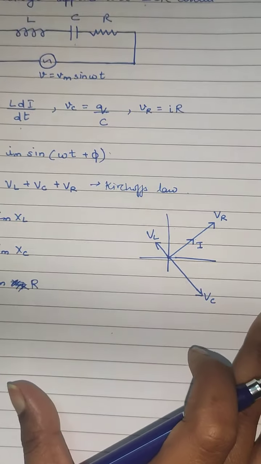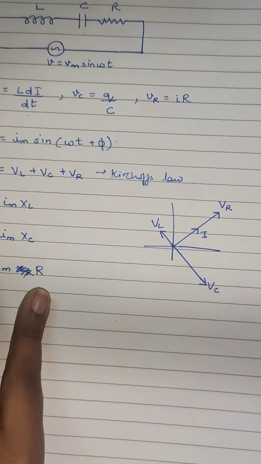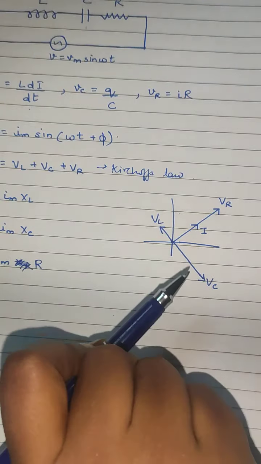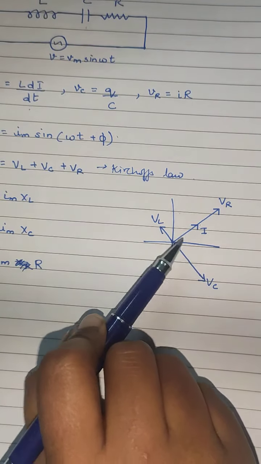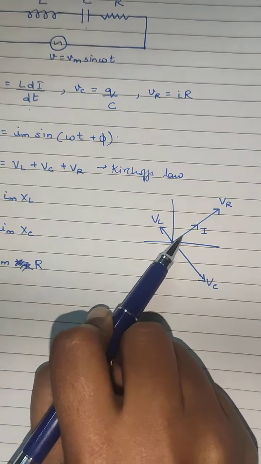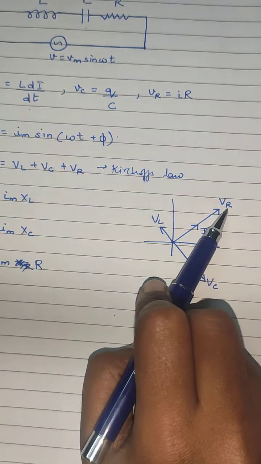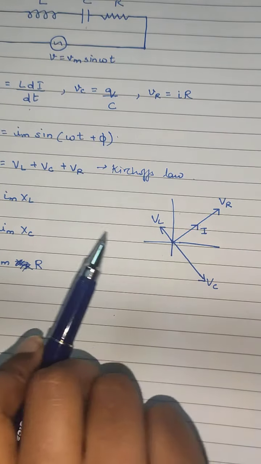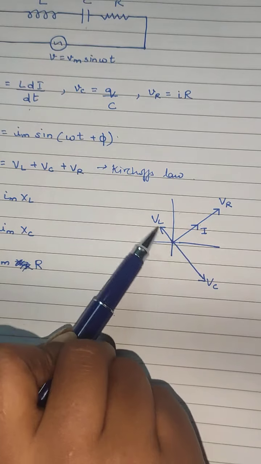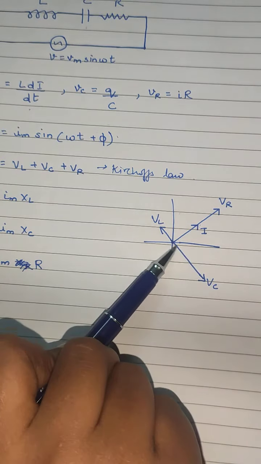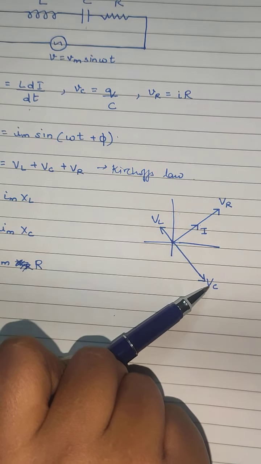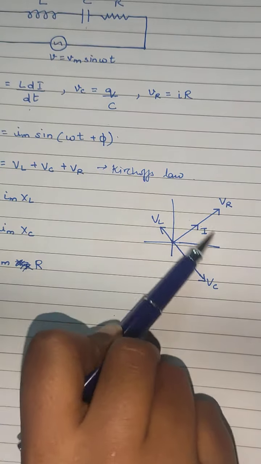Now coming towards our phasor diagram. In this phasor diagram we have the current, which is shown in the same line as VR, the voltage of the resistor. Then on the other side we have the voltage of the inductor and the voltage of the capacitor.